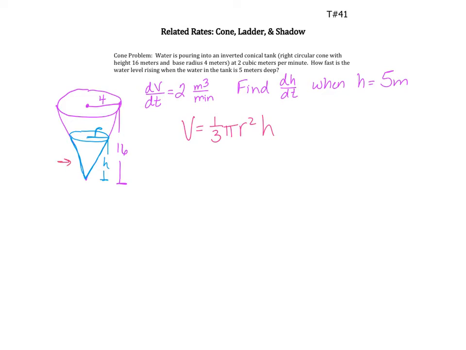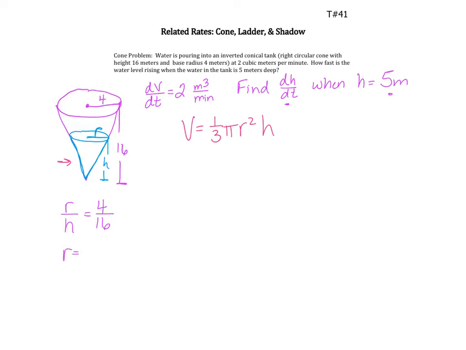Wouldn't it be true that the proportion of the radius and the height of the water is going to be the same as the radius and the height of the container? It's always going to have that same proportion. So if I solved, now which one do I want to solve for? Well, all these have h. Find dh/dt. So I want to leave h.